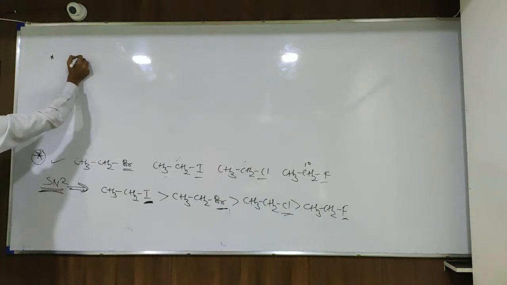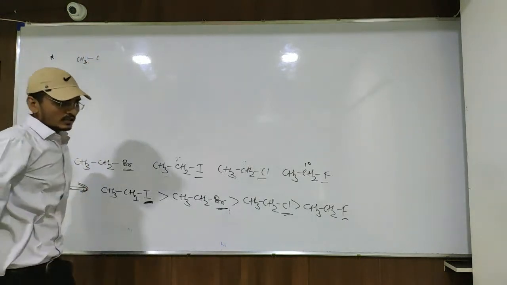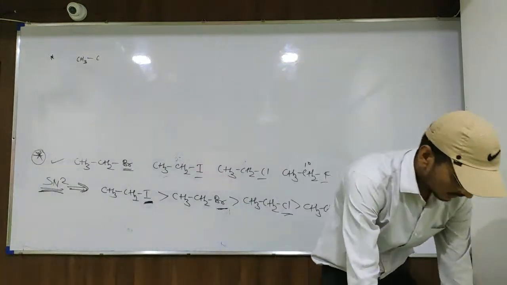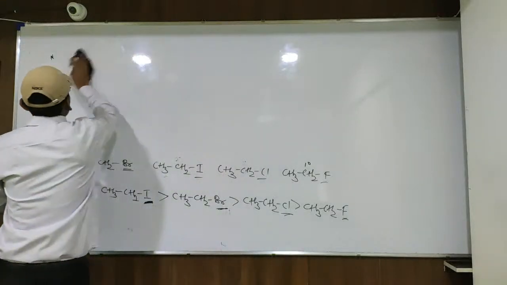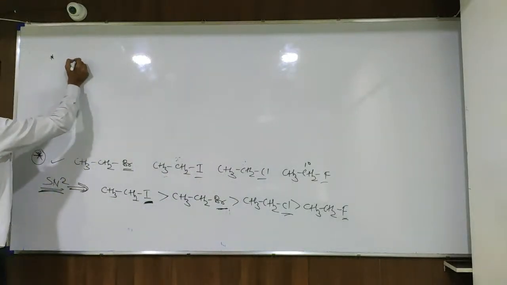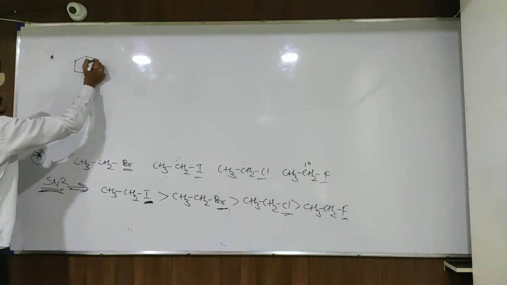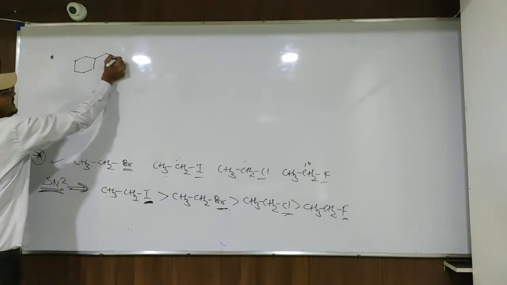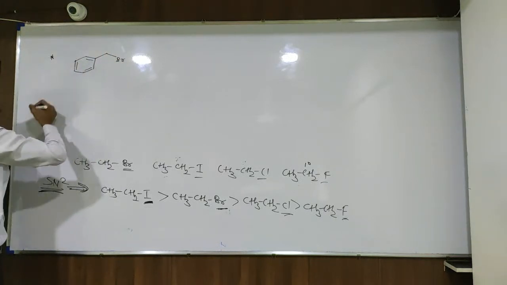Let us see some different example here. I will take here an aromatic containing alkyl halide. So this is nothing but the benzene and it is attached with the Br. Okay, so this is the benzene, it is attached with the Br.